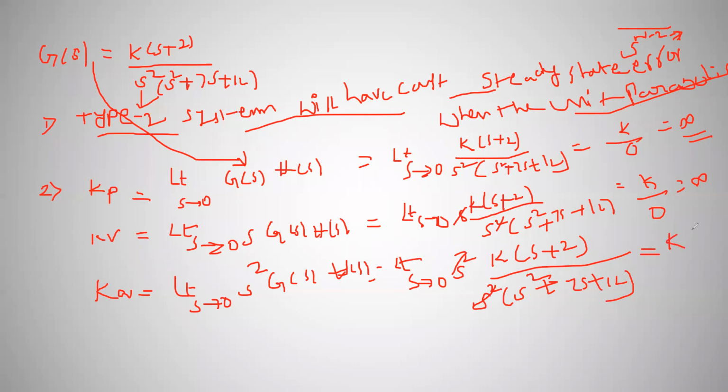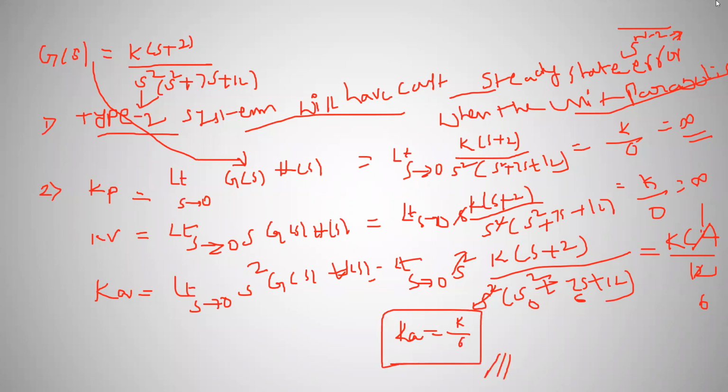So K into 2 by, in the first term 0, second term 0, third 12, so 1 and 6. So acceleration error constant Ka is equal to K by 6. This is the value of acceleration error constant.